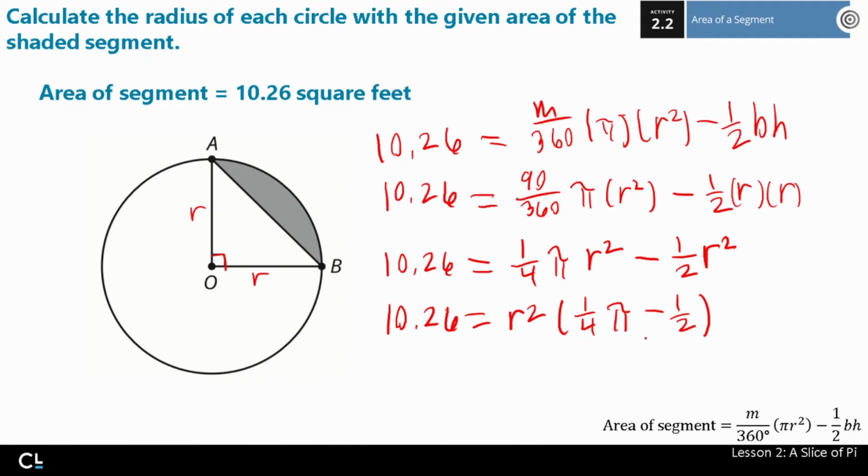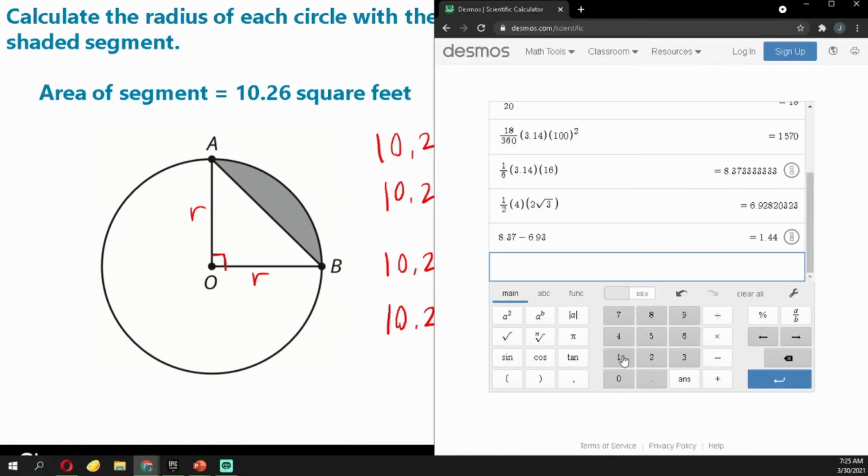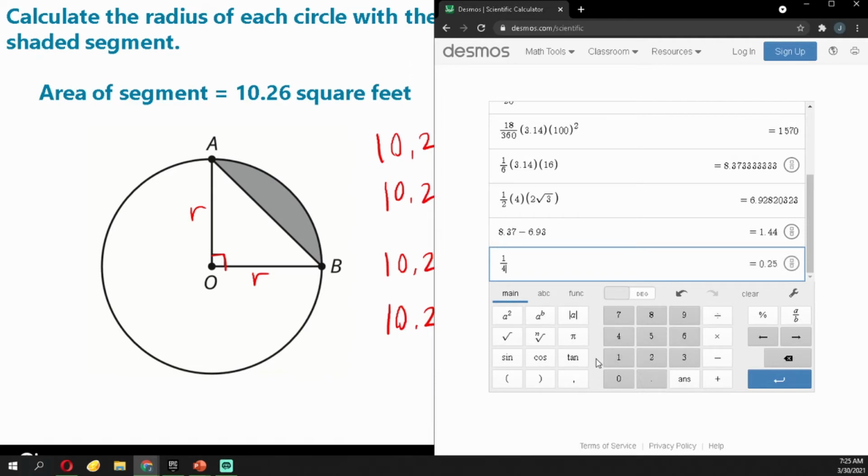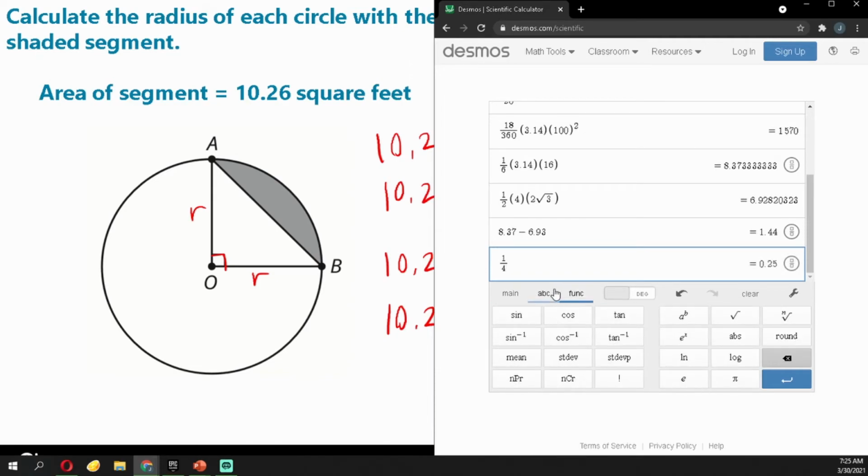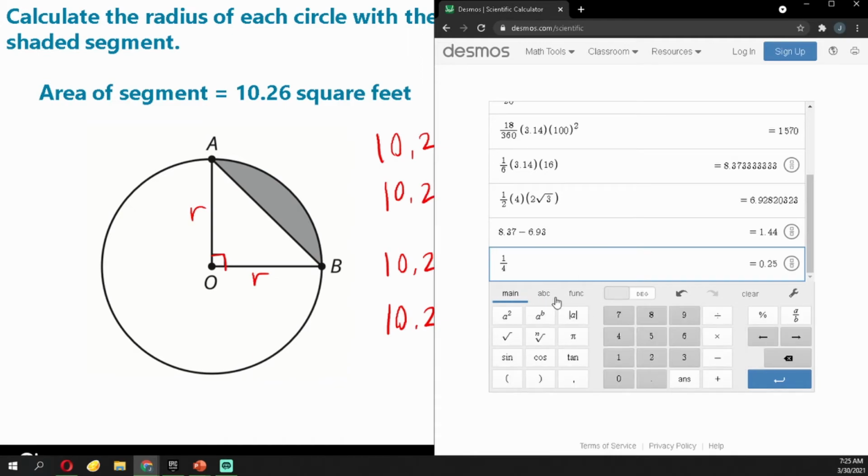So I could plug that into a calculator, which I'm going to do. We get 1 divided by 4, and then we need our pi symbol. Where's pi? So we'll use 3.14. We click out and we do times 3.14, close, minus 1 divided by 2.